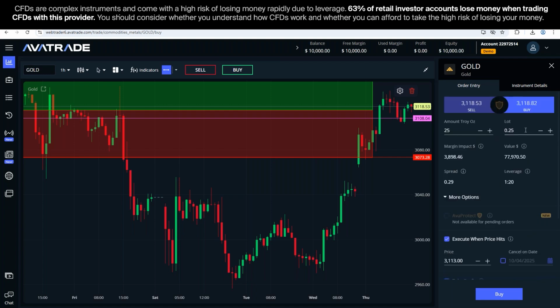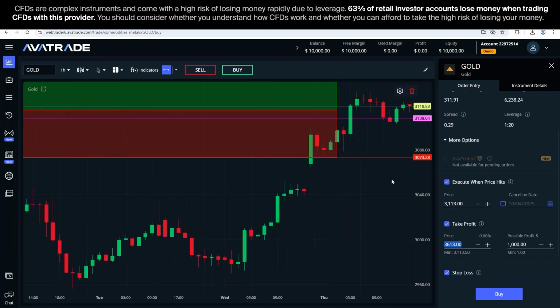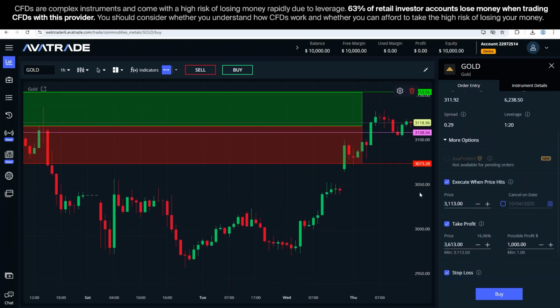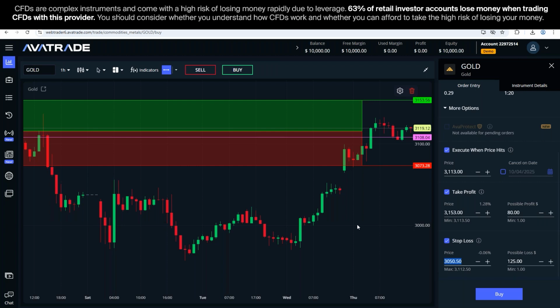So if you reduce it too much, as an example, we reduced it to 10%, our stop loss and our take profit will go back to the original price.